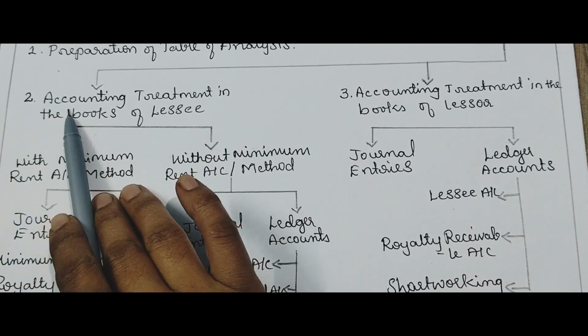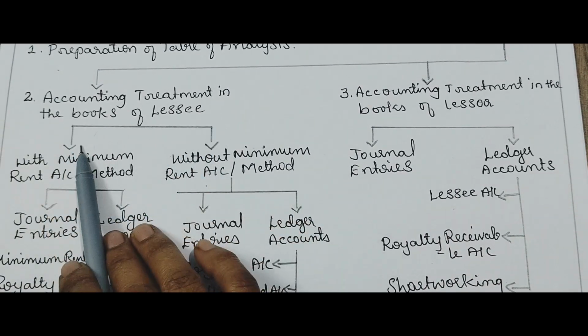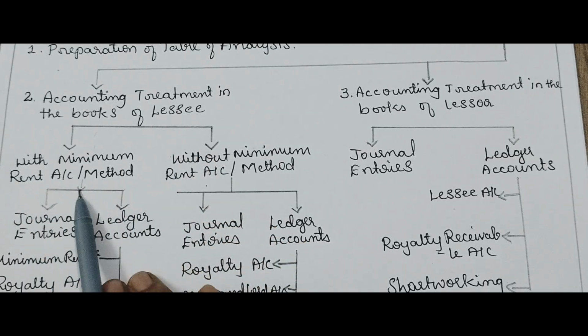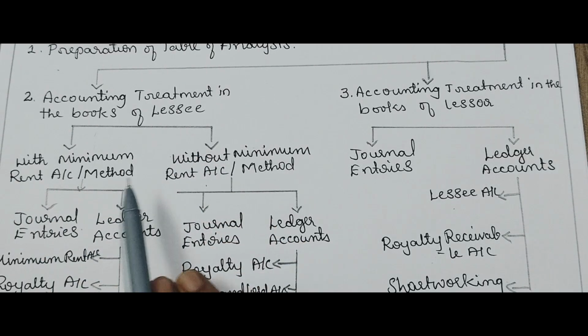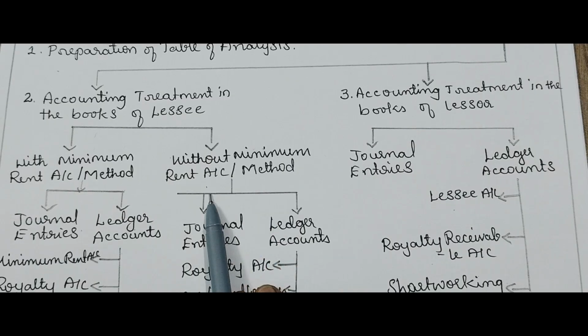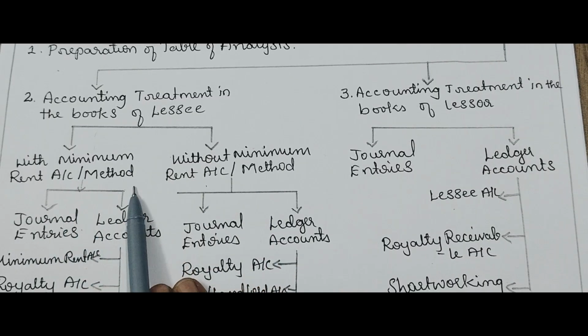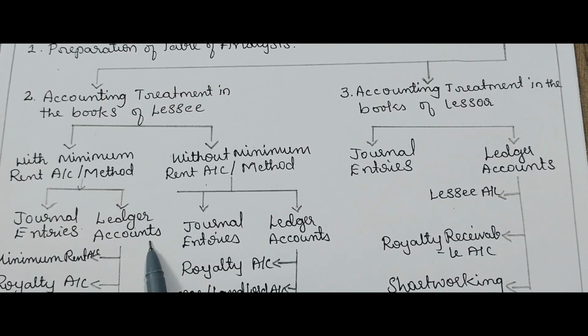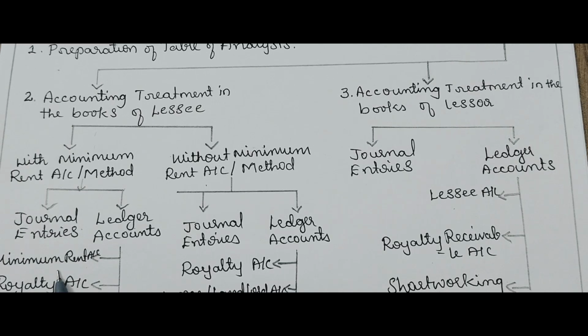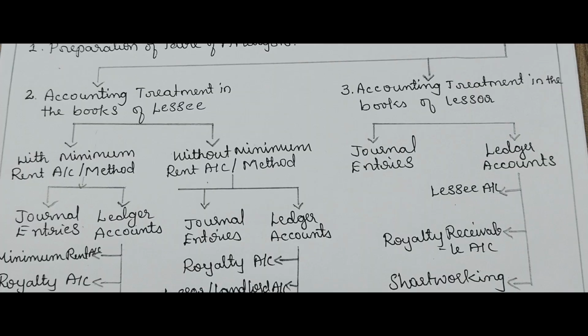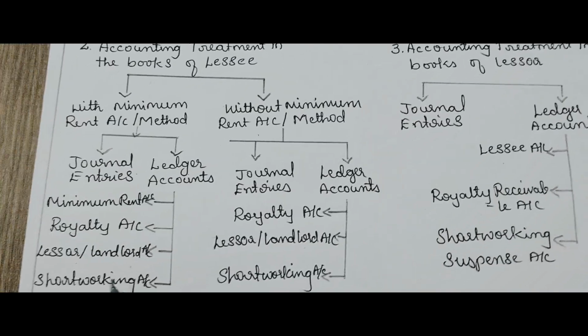First, we need to prepare the treatment in the books of lessee, with the minimum rent account method and without the minimum rent account method. When you use the minimum rent account method, there are journal entries, and in ledger accounts you prepare four ledger accounts: minimum rent account, royalty account, lessor or landlord account, and short working account.